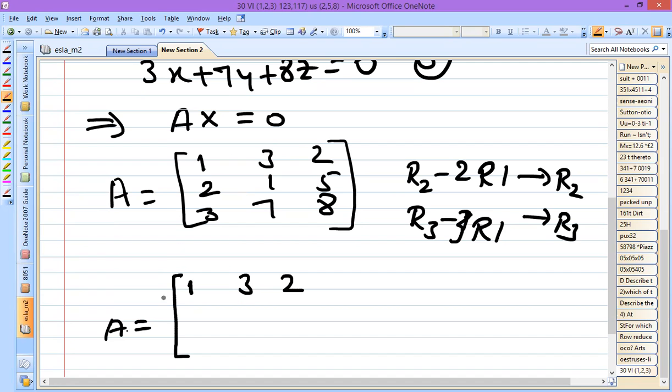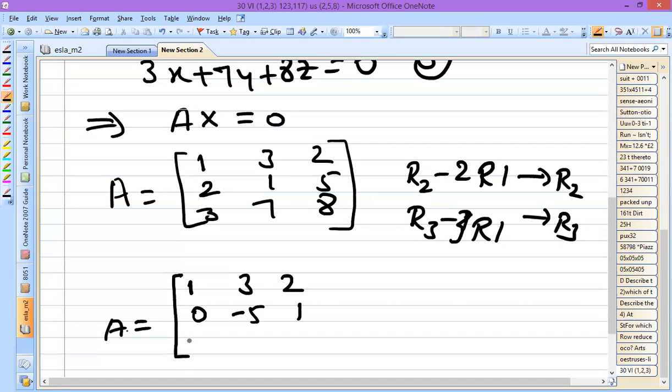So here you should try to get 0. First one, 2 minus 2 is 0. Next, 1 minus 6 is minus 5, and 1.